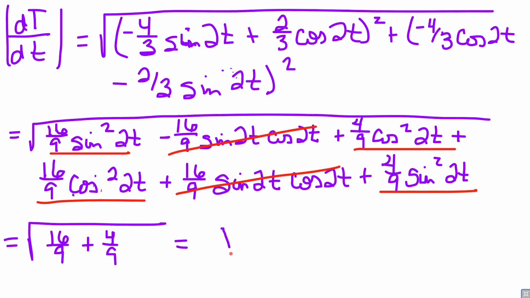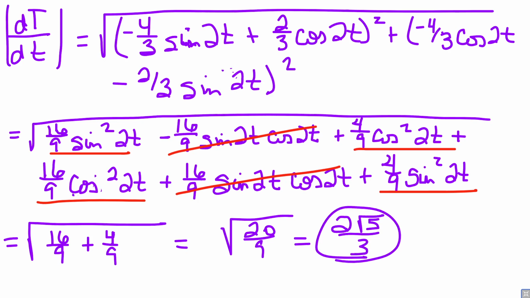So we basically have the square root of 20/9, which is 2 square root of 5 over 3. Okay? So that's what the magnitude of dT/dt is. Any questions?